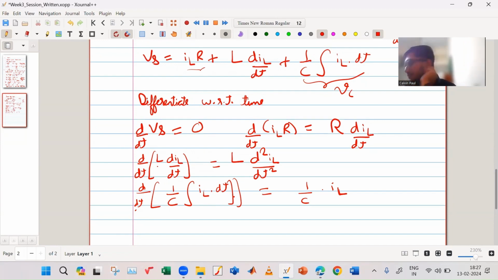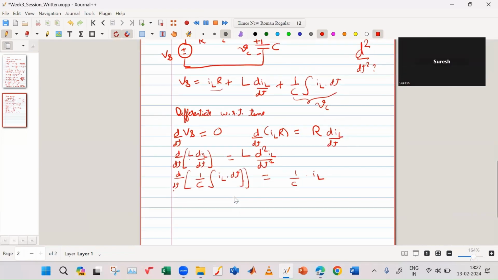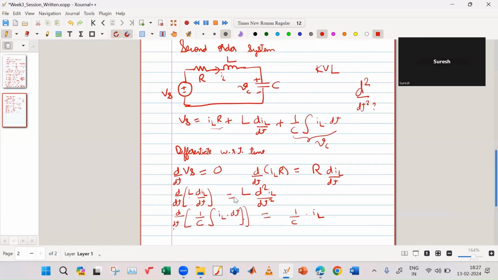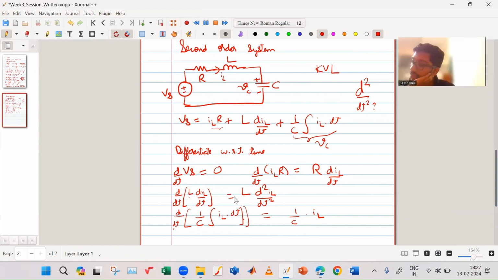Any queries in this part? I have a question related to this. Since we are applying DC, IL would saturate at steady state, right? In steady state, IL would be constant. This equation is valid in steady state as well as in transient, so we have written the overall equation.